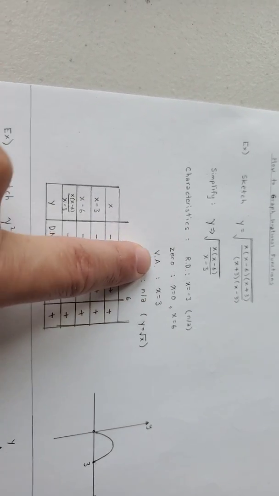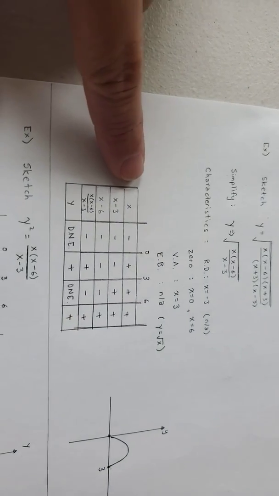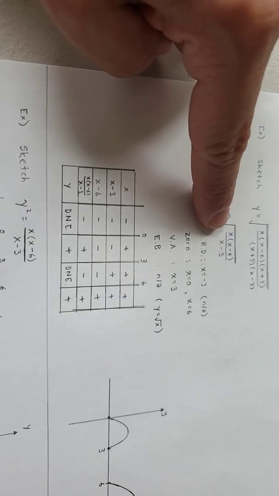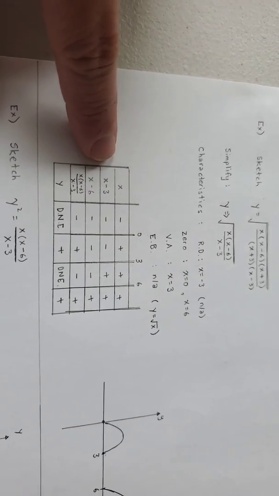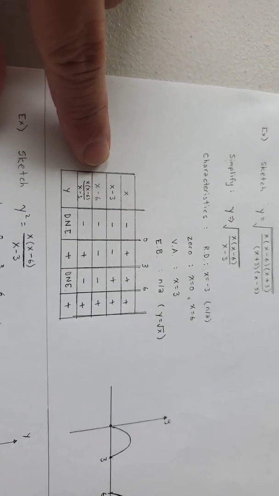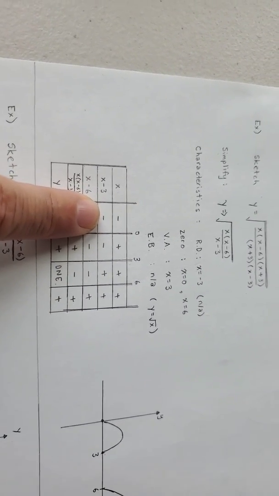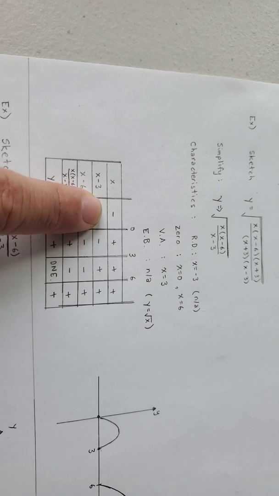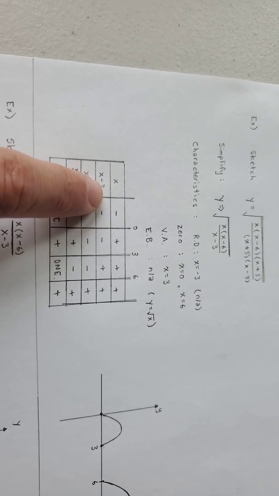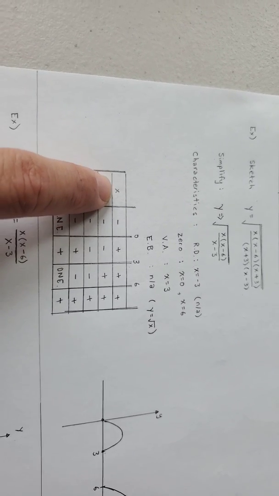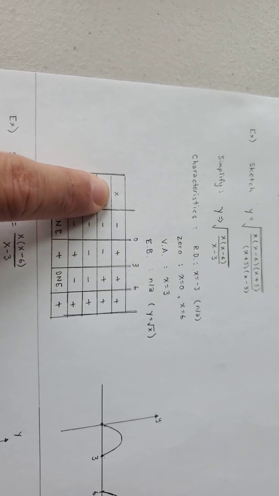The factors right here are the ones that are up here, and I put them in a nice order so you can see a pattern. Again, if you don't remember how it works, we take a value and plug it into each factor to figure out if it's positive or negative.